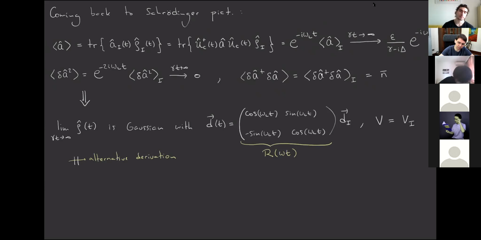So instead of having to come back to find the expectation values of the operators in the Schrodinger picture from the expectation values of the operators in the intermediate picture, you can always do the following.